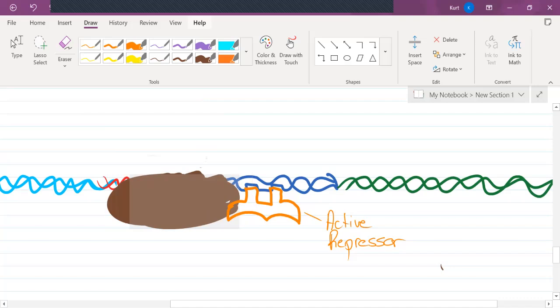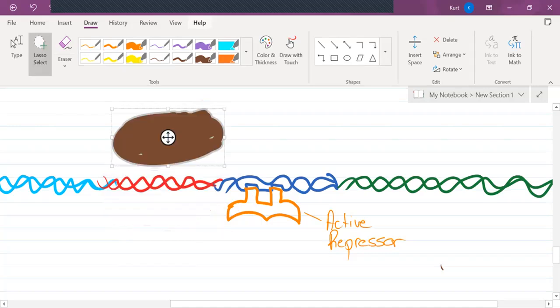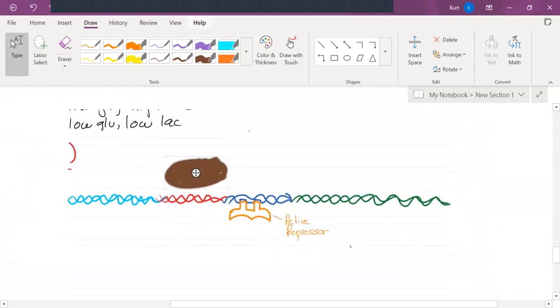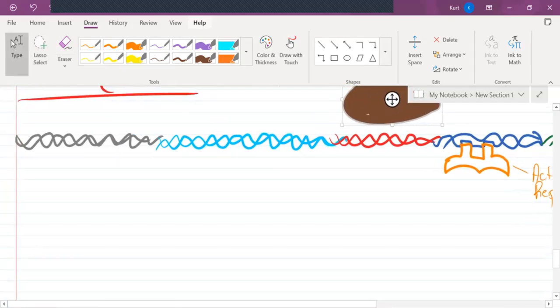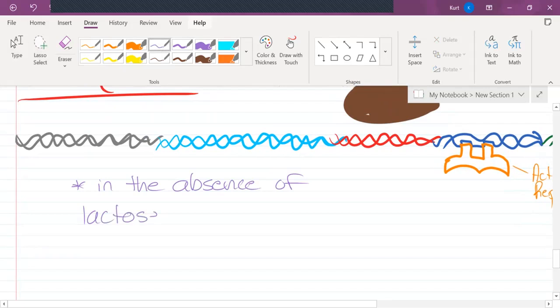No. It's like running into a wall. So the repressor is turning the operon off. In the absence of lactose, the lac Operon is off.